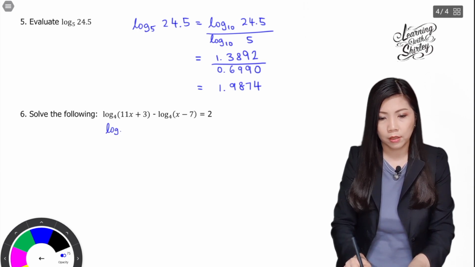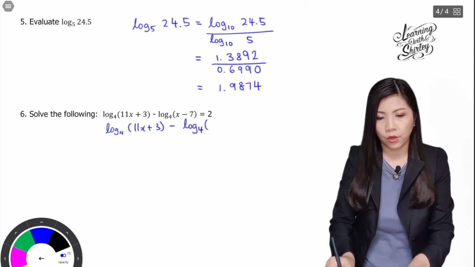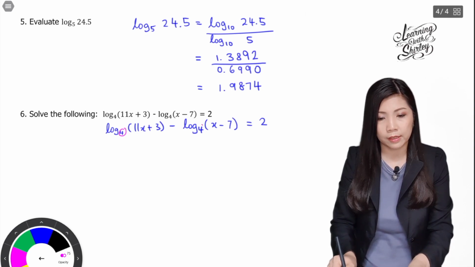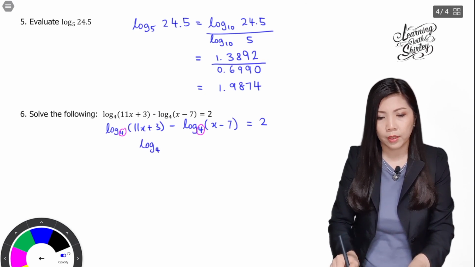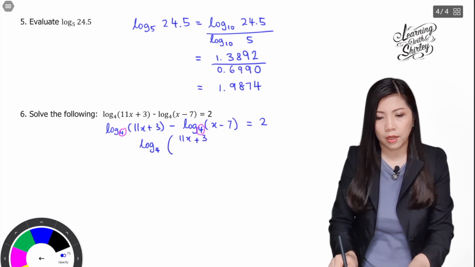We look at the bases: base 4 on both sides, which means we can combine it under one log base 4. So log base 4 of, in brackets, 11x plus 3 over x minus 7 equals 2.